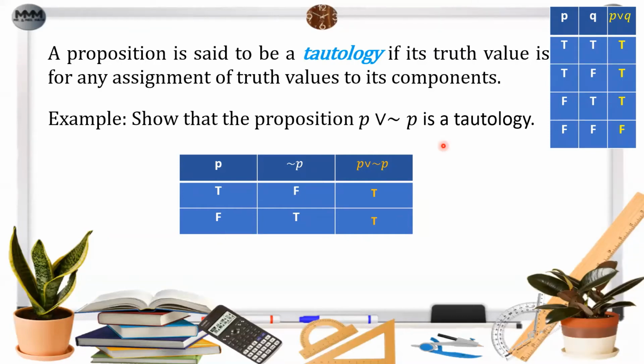Or if you will not use this table here as your guide, you can just memorize or notice that when we say or, if there is only one truth value of a proposition that is true, say for example, P here is true, then our compound proposition is true.